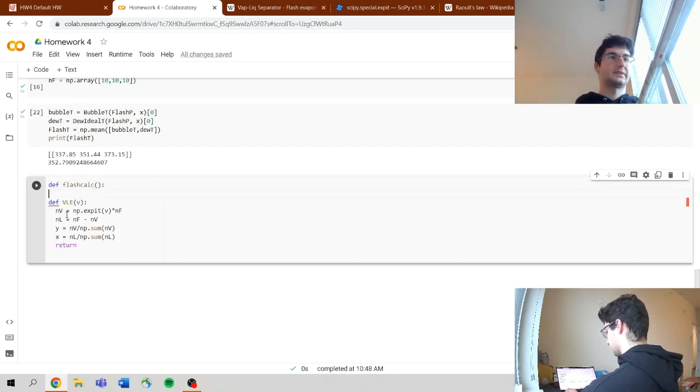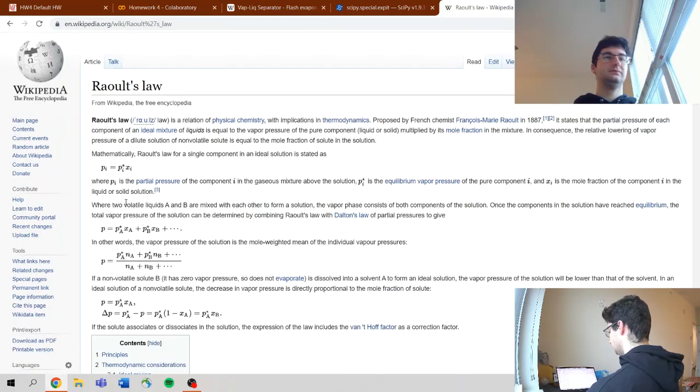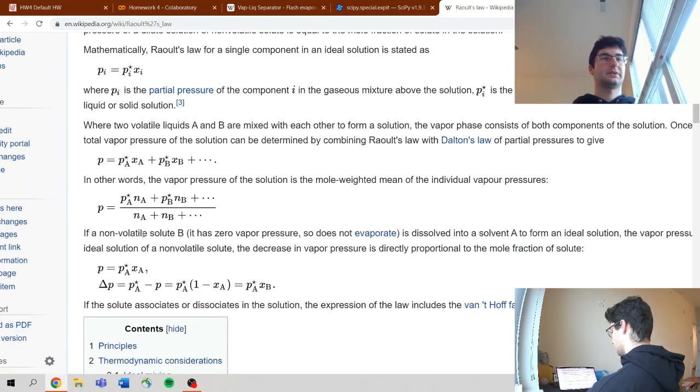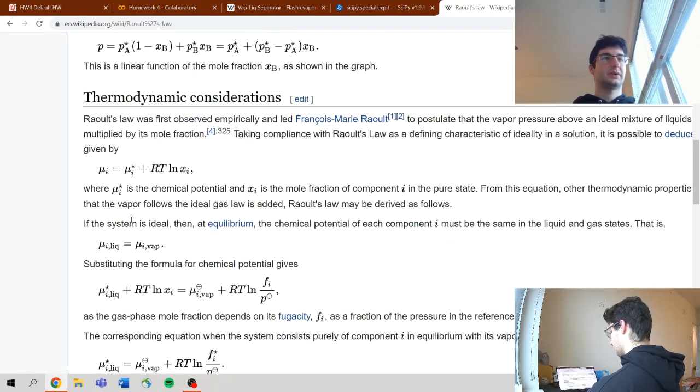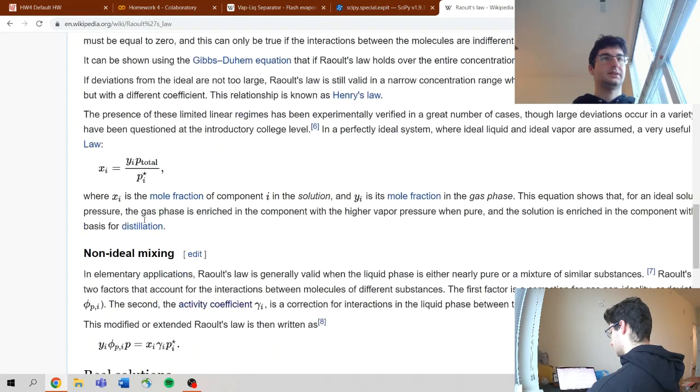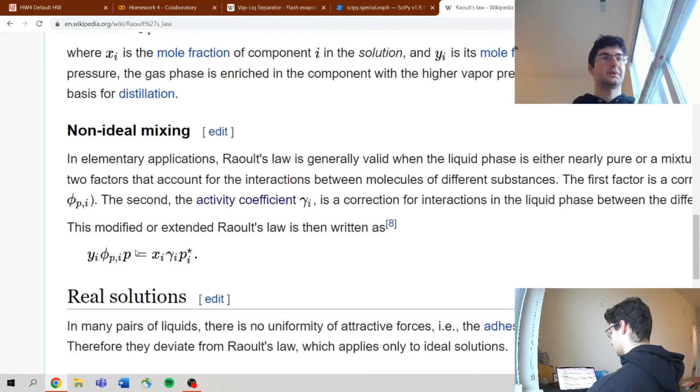Give parameters later. And let's just tab everything over, so we want to nest this. And we're going to go back to our old familiar Raoult's law. Actually, we don't want this one. Let's have one with y in it. Yeah, we want this one.